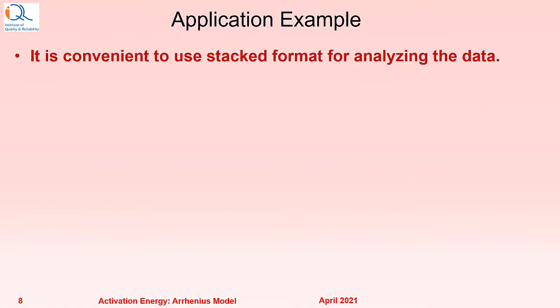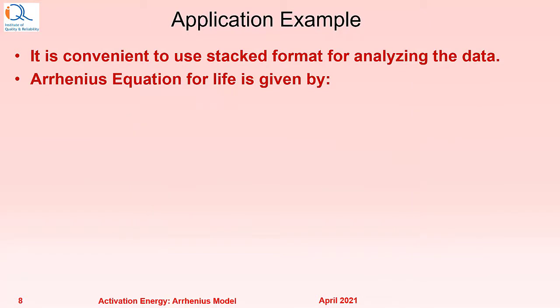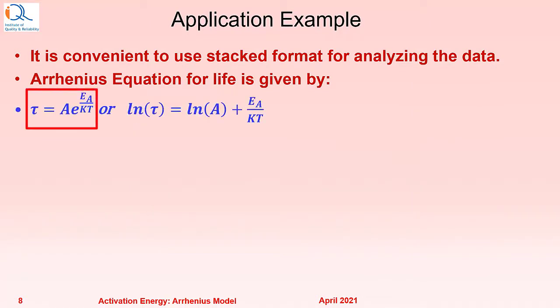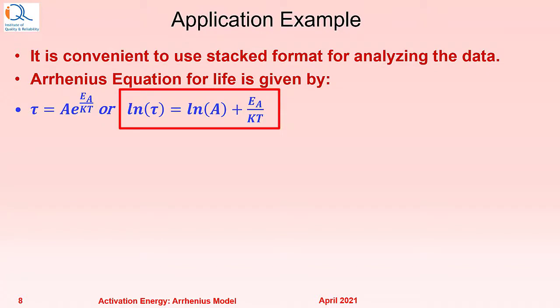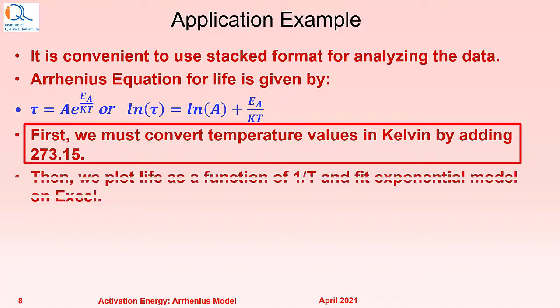It is convenient to use stacked format instead of the original unstacked format for analysis of the data. Arrhenius equation for life is given by life tau equals A into e to the power EA upon KT, or ln of tau equals ln of A plus EA upon KT. First, we must convert temperature values to Kelvin by adding 273.15 to the original values.